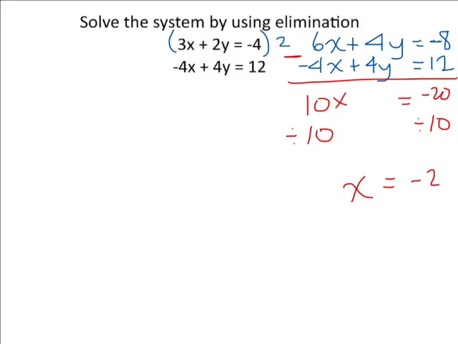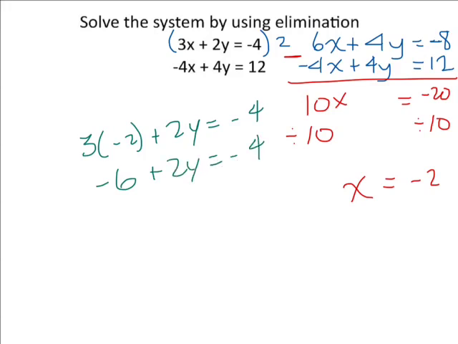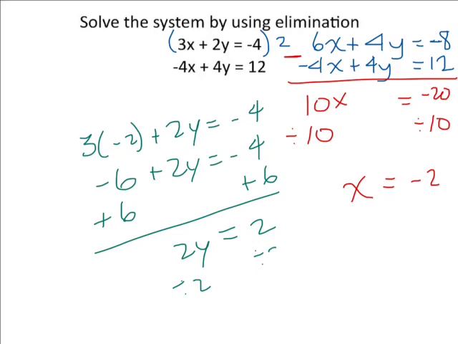Now I take what x is, I plug it back in to the top equation. So I'm going 3 times negative 2 plus 2y equals negative 4. This is negative 6. Add a 6 to both sides. I get 2 and 2y. It looks like y is 1. My ordered pair is negative 2, 1.